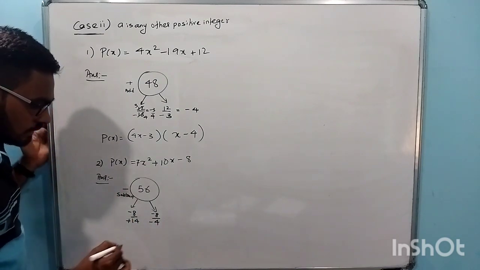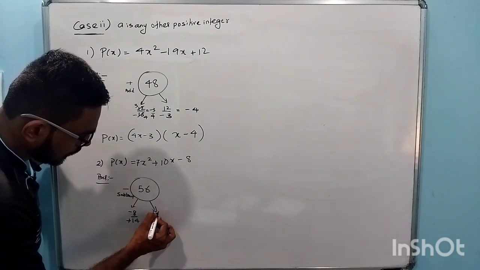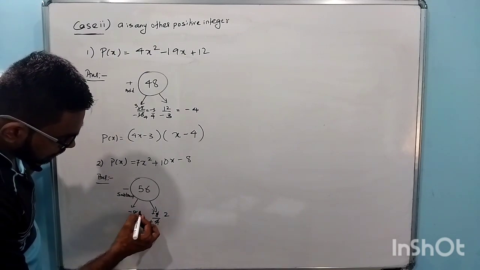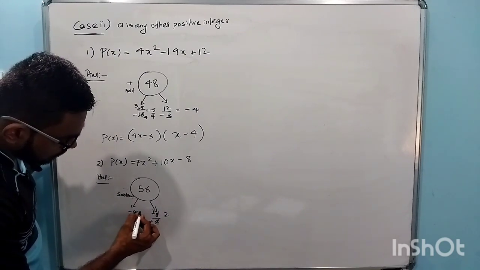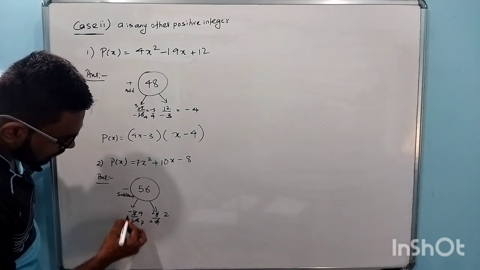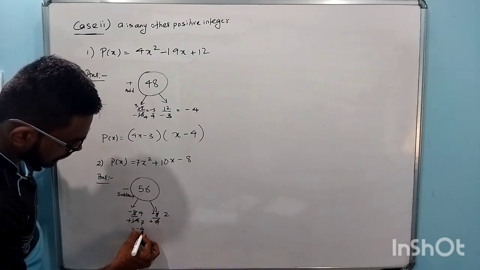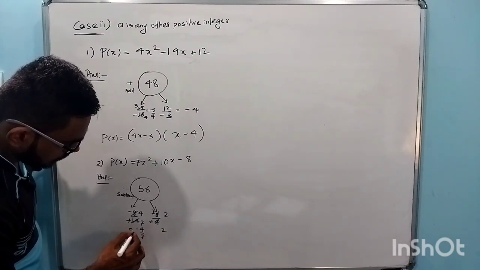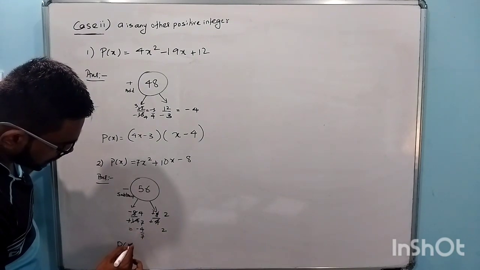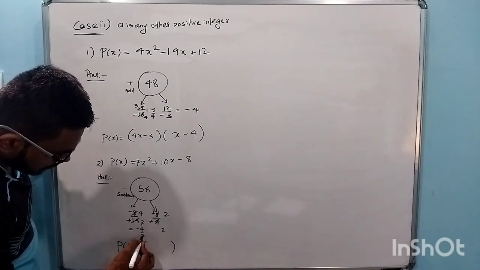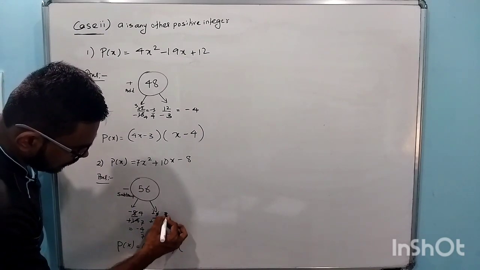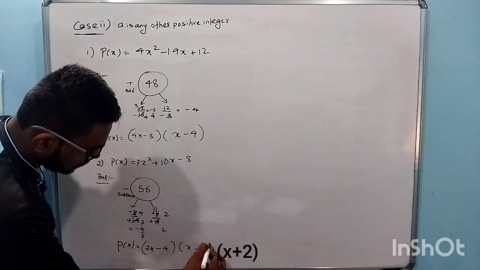Simplify this. This will go and you will get 2 there, and this will be 4 upon 7. So this will be minus 4 upon 7 here, and this will be 2 here. After this, the polynomial will be 7x minus 4, and this is x minus 2.